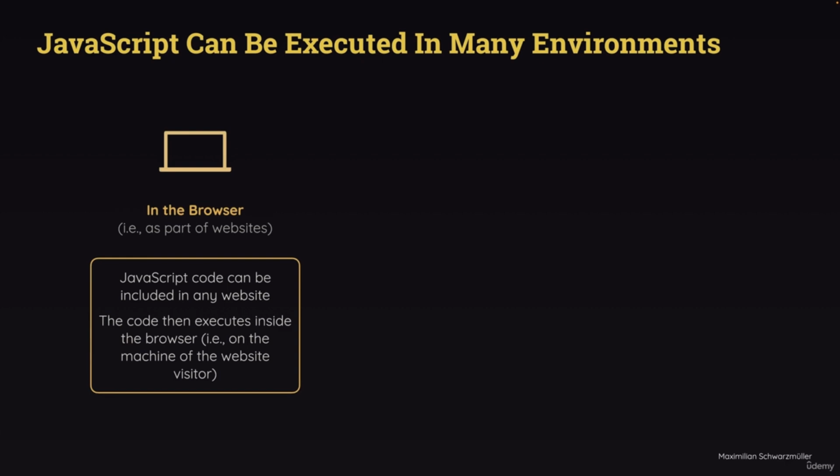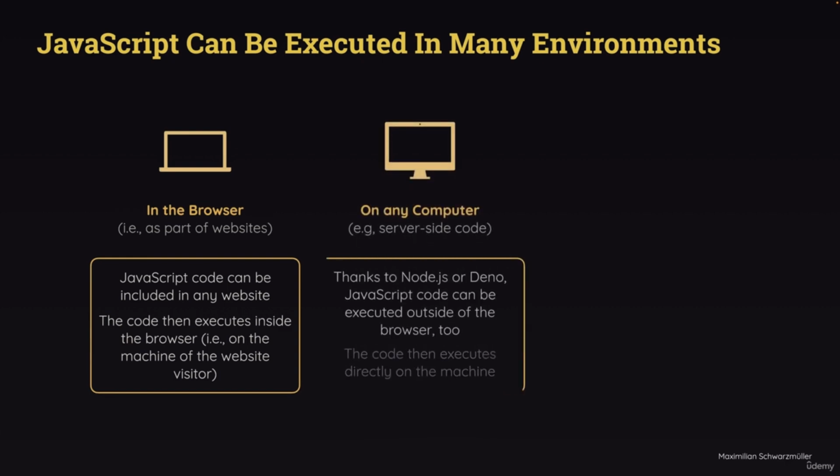But nowadays, thanks to Node.js and Deno, for example, you can also execute JavaScript code outside of the browser. This will not be the focus of this course, because this is a React course, and React is a client-side, front-end, browser-based library in its core that allows you to build user interfaces with React and JavaScript. But it is of course worth knowing that JavaScript is not limited to the browser.